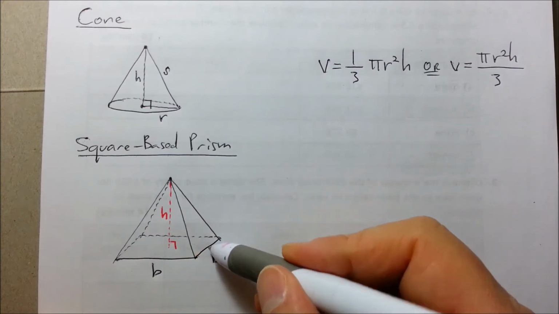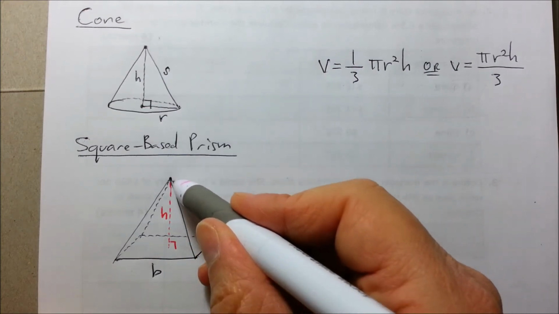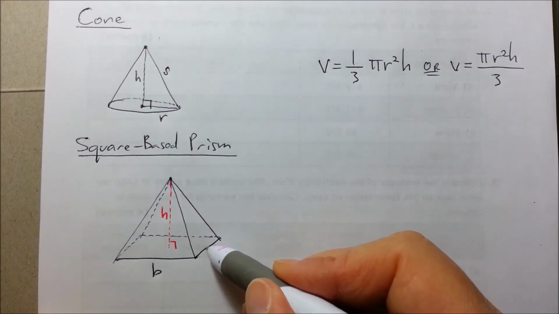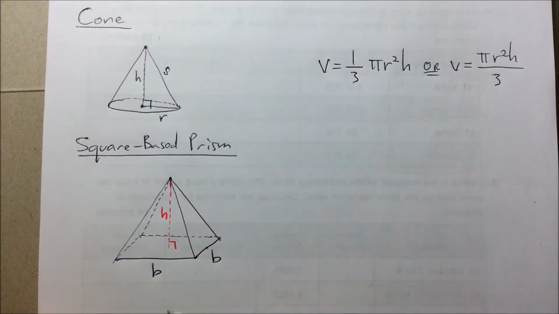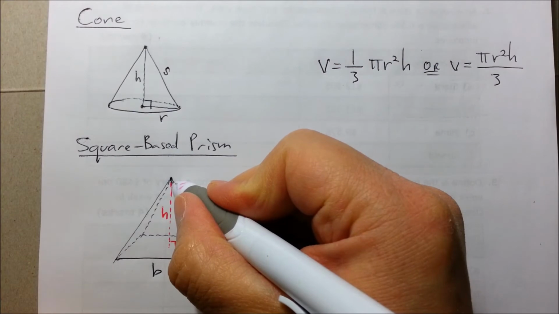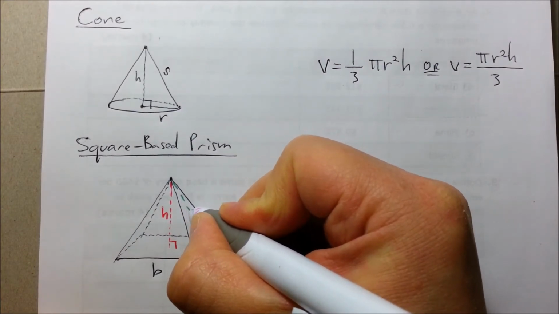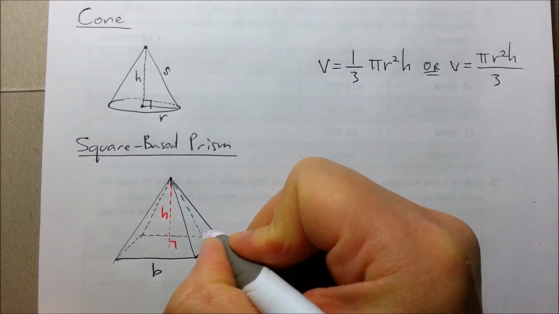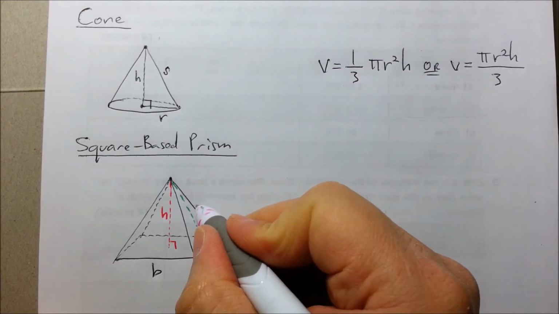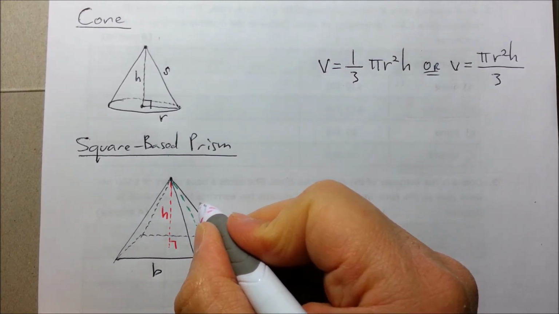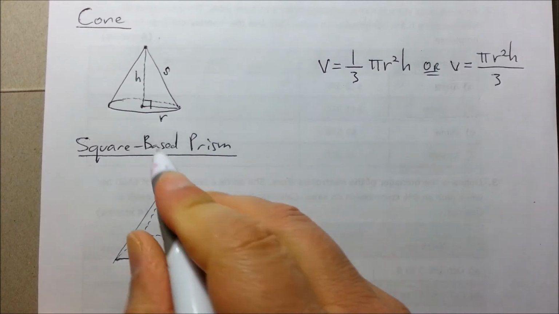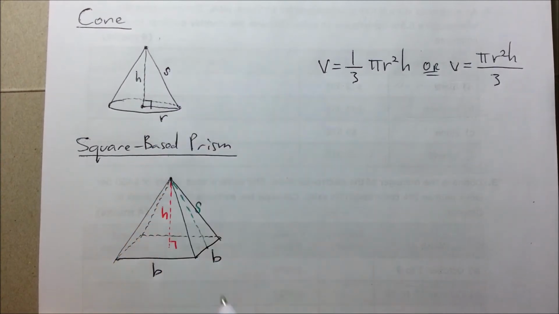Slant height is basically the length of the side. So from there to there. In fact, let's do that in a different color, and you can do it like that in your notes as well. It goes on this side, and we might need it for some examples. So that's going to be S. Very similar to the cone, right? That's the slant height.